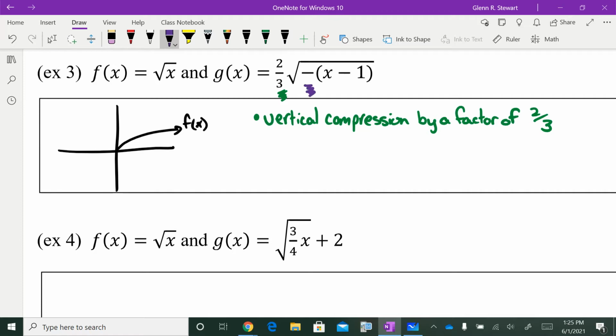Our next thing is that we have this negative on the inside. This would be a horizontal reflection, and that would create a mirror over the y-axis.